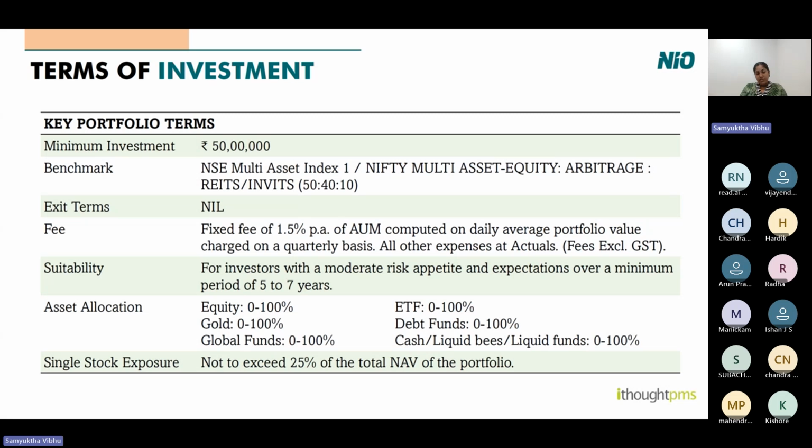We are a SEBI registered PMS, which means that the minimum investment would be 50 lakhs. And we would recommend a multi-asset product for anyone who comes with a 5 to 7 year horizon, basically because in this timeline, you can actually experience asset allocation in action. If you come in with a shorter timeline, then it's unlikely that you'll really be able to see a full cycle of anything.